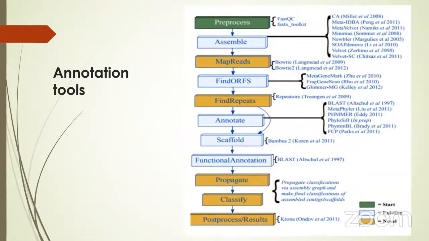Okay, so the common assumption of gene finding, you have to find the function of a gene and the structure of a gene. The common assumption is there is no overlap and there is no nested gene. There is no frame shifting and no sequencing error. Whatever information you get from the sequencing platform, that means you have got a draft sequence and you want to find the function of the genes present in the particular chromosome, then we assume that there is no overlap, that means one gene is not overlapped with another.